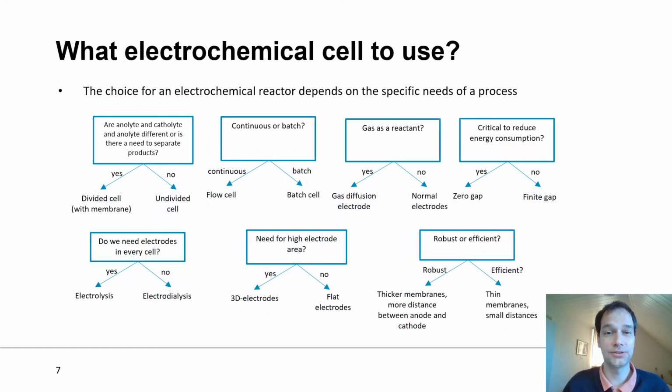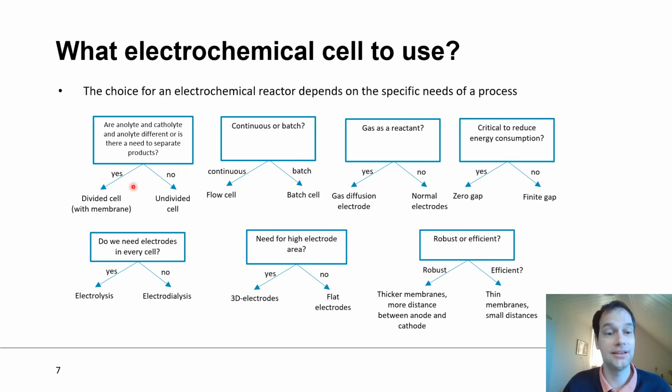When designing an electrochemical process, you might wonder, what cell should I use? There's a lot of common sense involved in that, but you can also use a couple of these rules you can see here on this slide. For example, the first question you should ask yourself: do I need to separate the anolyte and the catholyte or not?